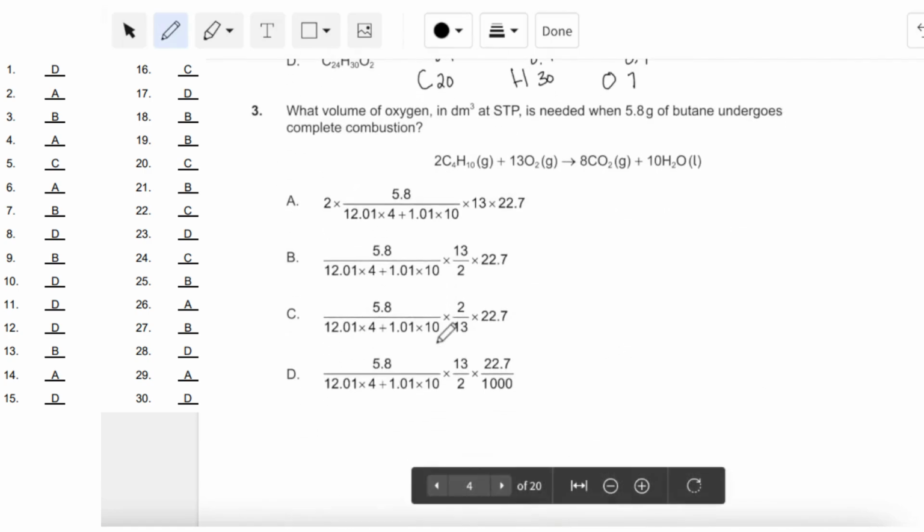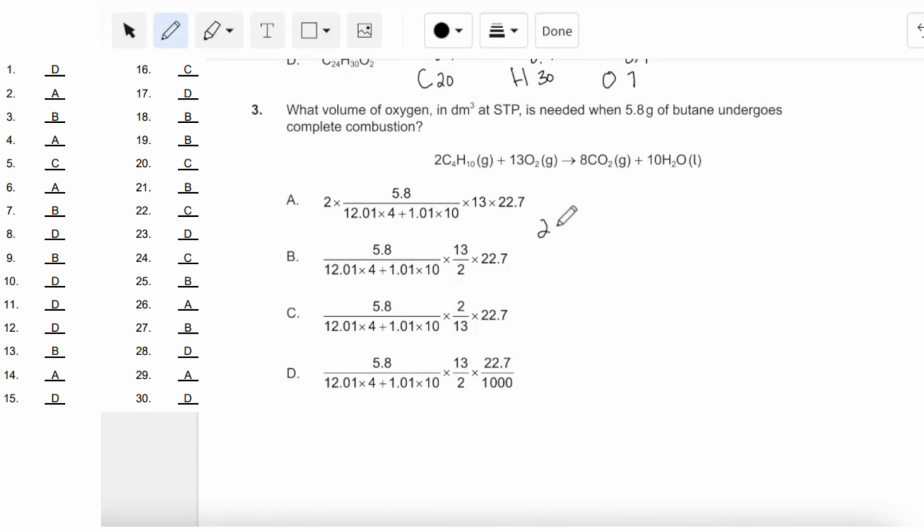All right, and then number 3, I'm just going to write the equations again. N equals V divided by Vm. To calculate V, N times molar volume is needed when 5.8 gram of butane undergoes complete combustion. Vm, you know, is 22.7. What about N?